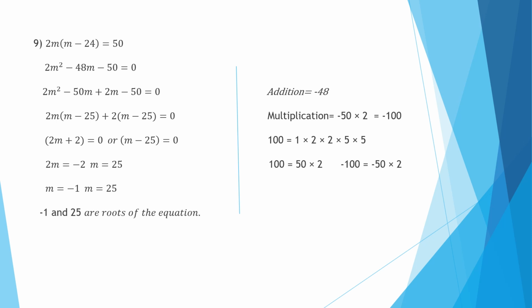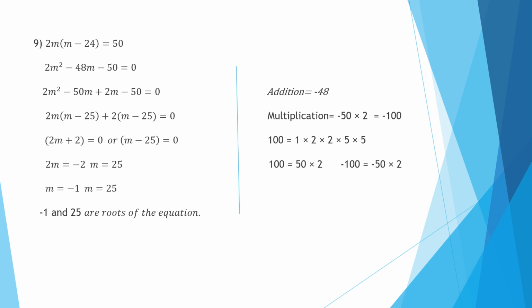So in next step also we find the common. So m minus 25 is common. So we write m minus 25 in first bracket and in second bracket we write 2m plus 2. So either 2m plus 2 is equal to 0 or m minus 25 is equal to 0. So after solving this equation we get 2m is equal to minus 2 or m is equal to 25.